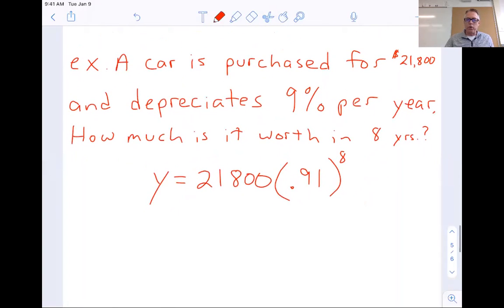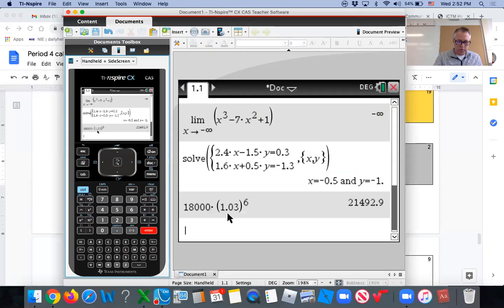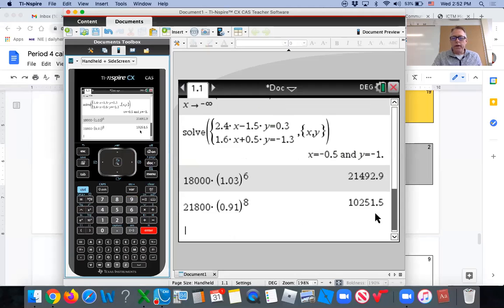And so I will go back to my calculator. And so I'm going to do 21,800 times 0.91 to the 8th power, and I get this. Now, remember, this is money.